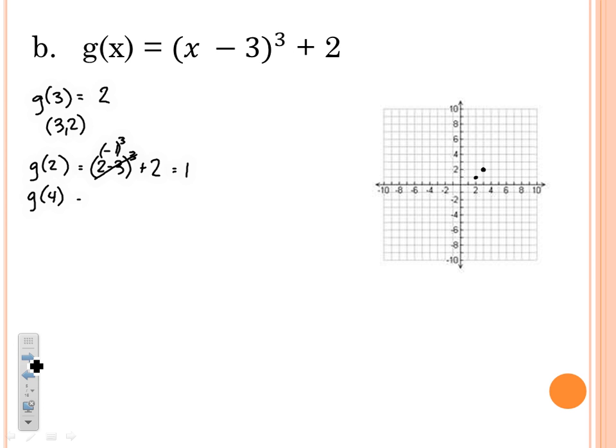And if we were to put in 4, we'd have 4 minus 3 cubed plus 2. That's 1 cubed plus 2, or 3. So when 4 went in, we got 3. And you can kind of see how the curve is going to start forming. Just like that.